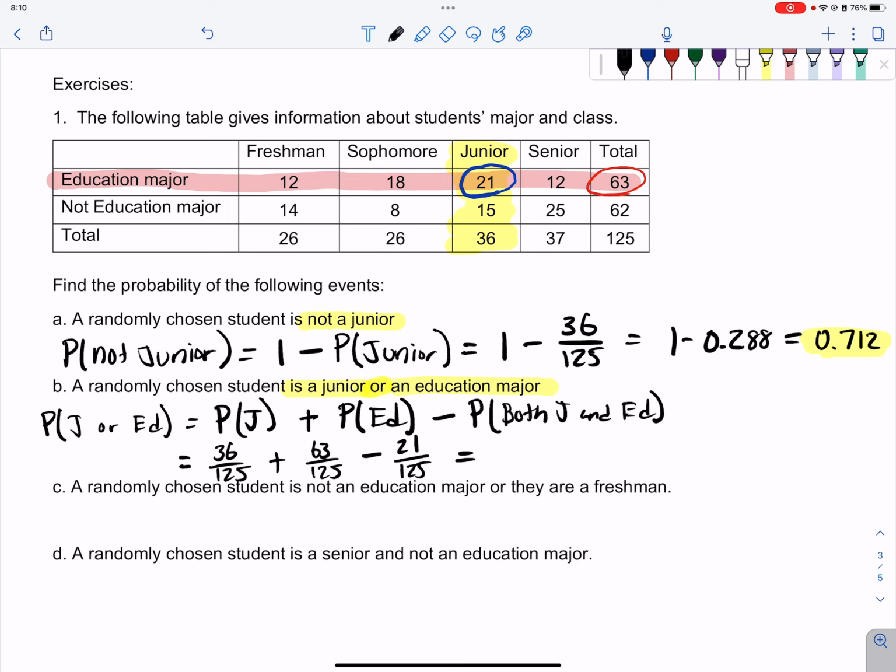Now all of our denominators are the same, so we can add and subtract the numerators. So 36 plus 63 minus 21, and you should get 78 out of 125. And now we can get our decimal equivalent of this, which is about 0.624.